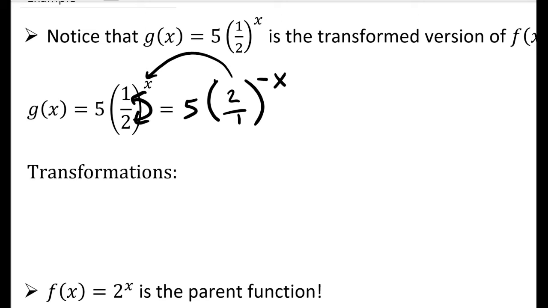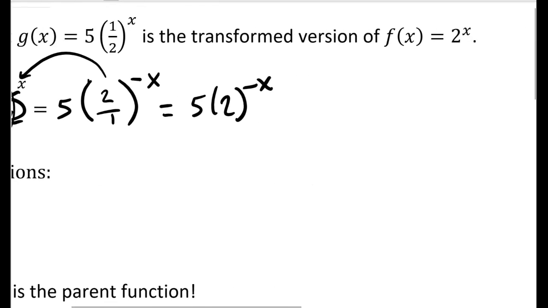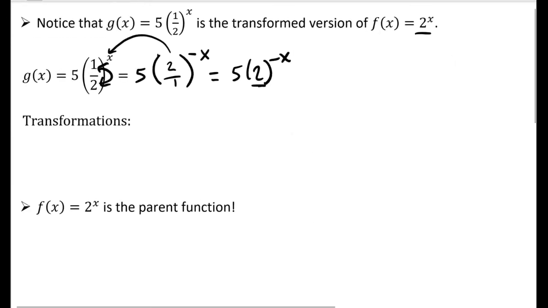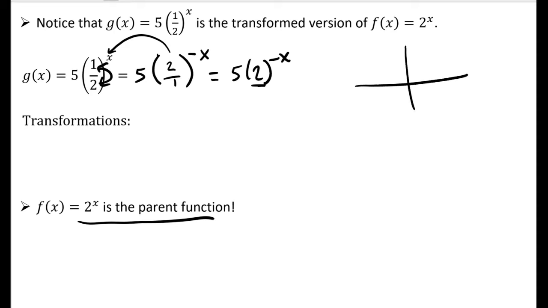But we want to put it in this form because now we can clearly see this is in terms of 2. So what are the transformations? Since the parent function is 2 to the x, remember, this is how 2 to the x looked when we graphed it.